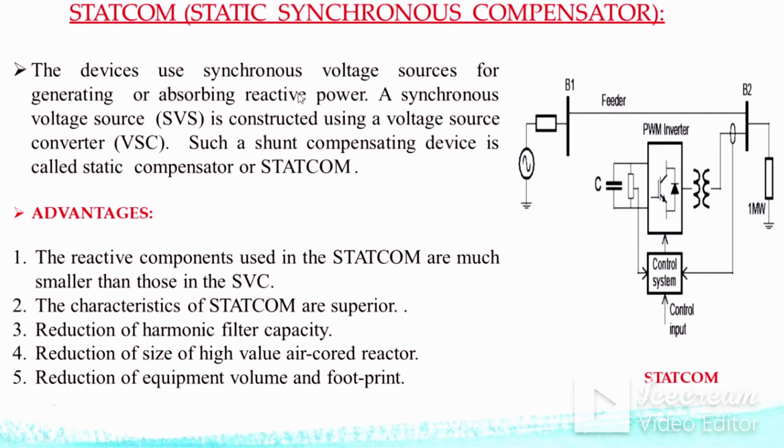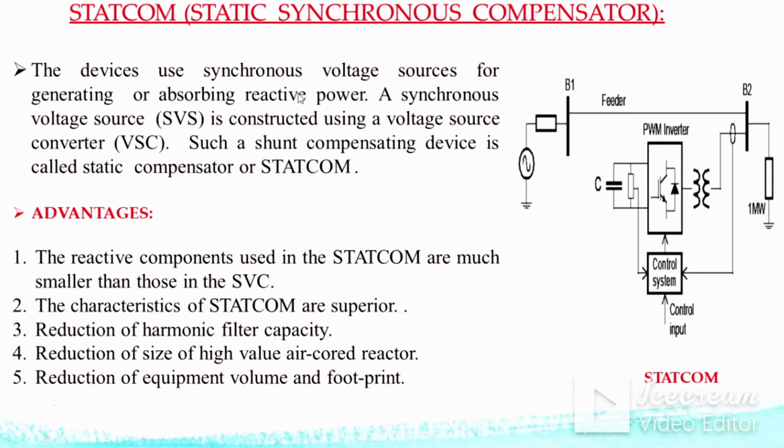So basic advantages are, the reactive power used in the STATCOM is a very small quantity compared to that in the SVC, and the characteristics of the STATCOM are much superior to the static VAR compensator.